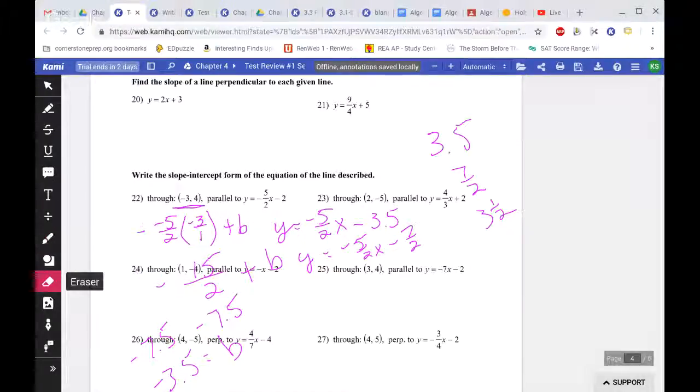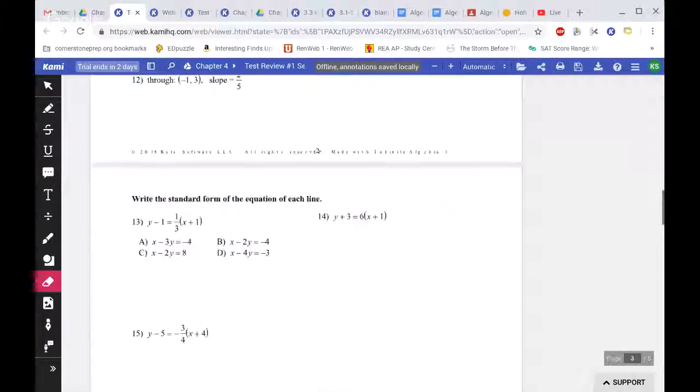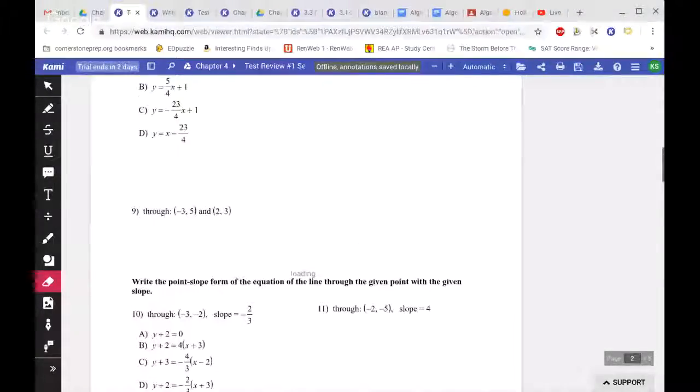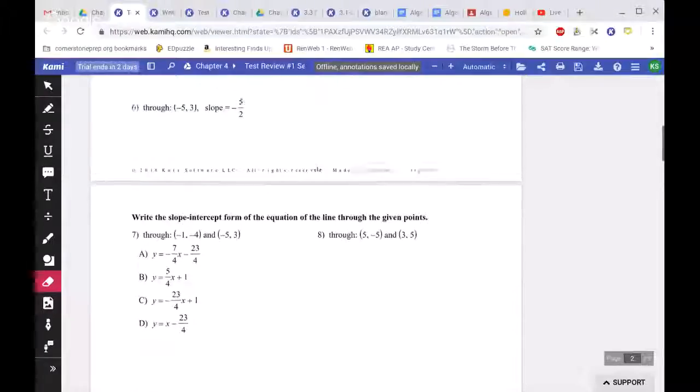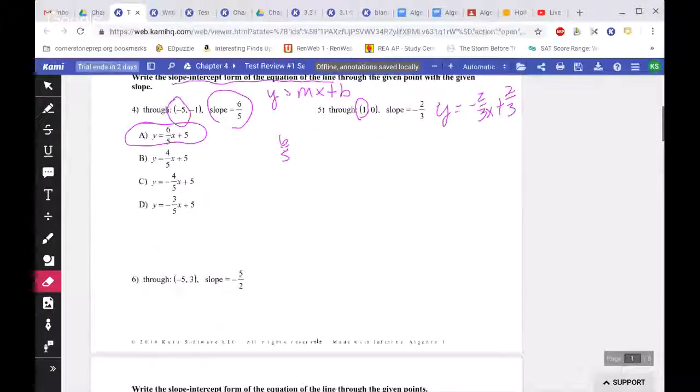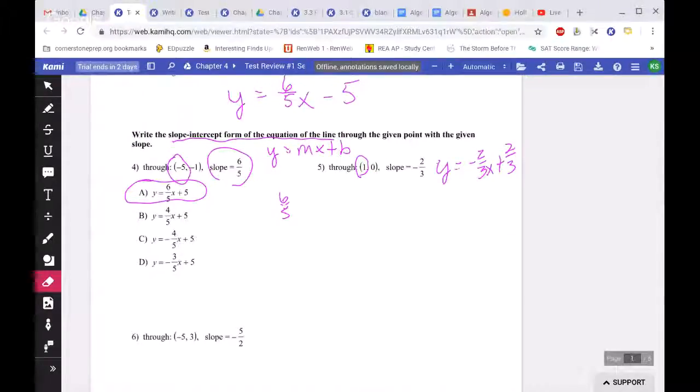Basically what you're doing for all of these, 22, 23, all of these, is almost the same exact thing that you're doing all the way back here. On that second section, 4, 5, and 6, the process is almost the exact same thing.